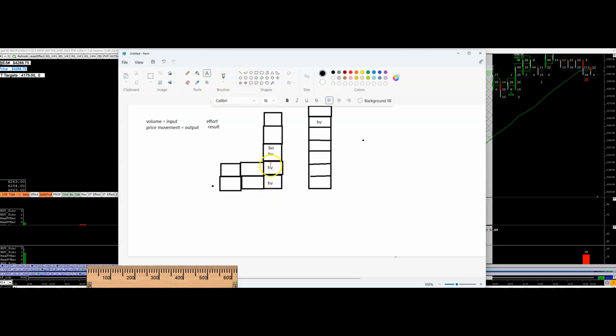These two boxes would be breakout volume as well, probably some type of accumulation leading to higher prices. The key is effort and reward, or input and then output. Effort, buying; reward, increasing prices.